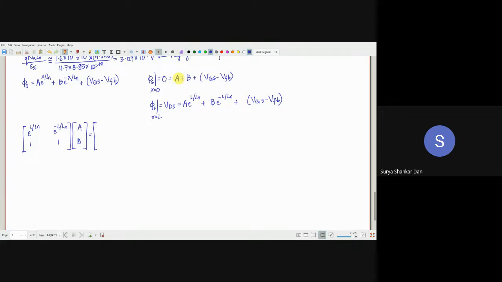Now, for the first one, what do we get? VDS minus VGS. So VD minus VG, that is VDG, minus VFB was here, it becomes plus. Here, what will it be? Minus VGS plus VFB.